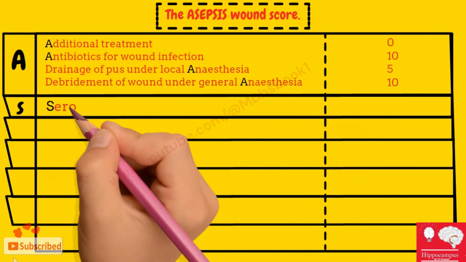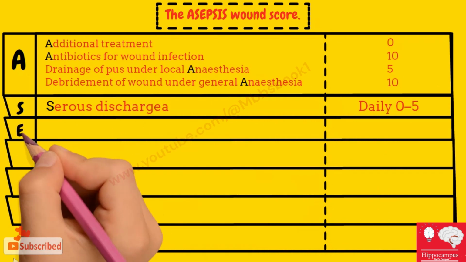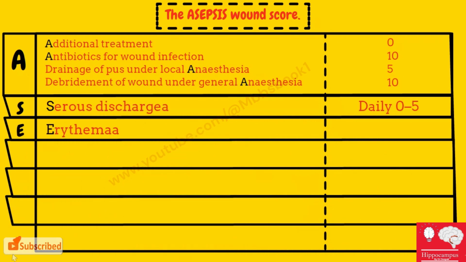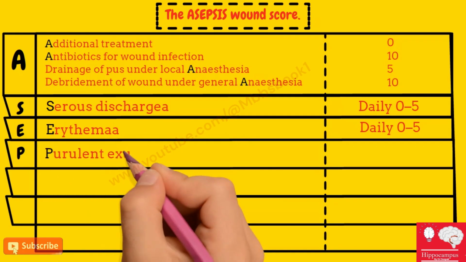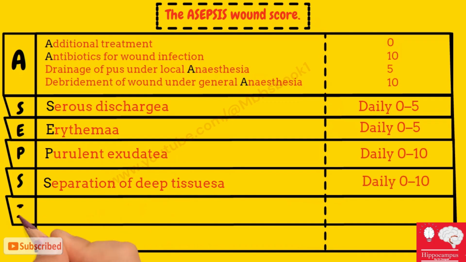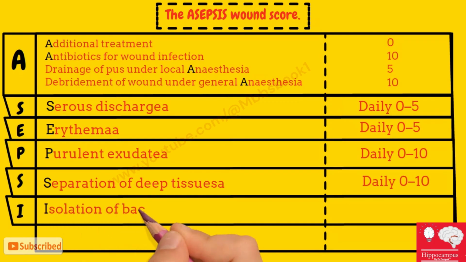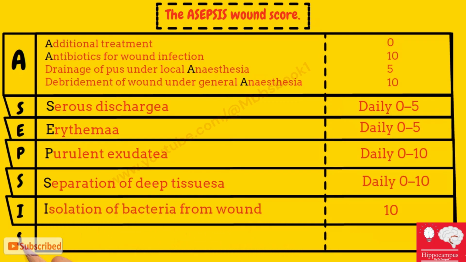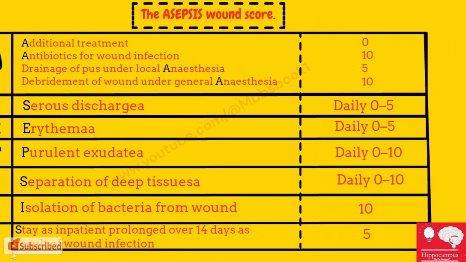S for serous discharge, E for erythema, P for purulent exudate, S for separation of deep tissue, I for isolation of bacteria from the wound, and the last S stands for prolonged stay of patient in the hospital over 14 days as a result of wound infection. So this is the prognostic score which tells us about the wound infection.